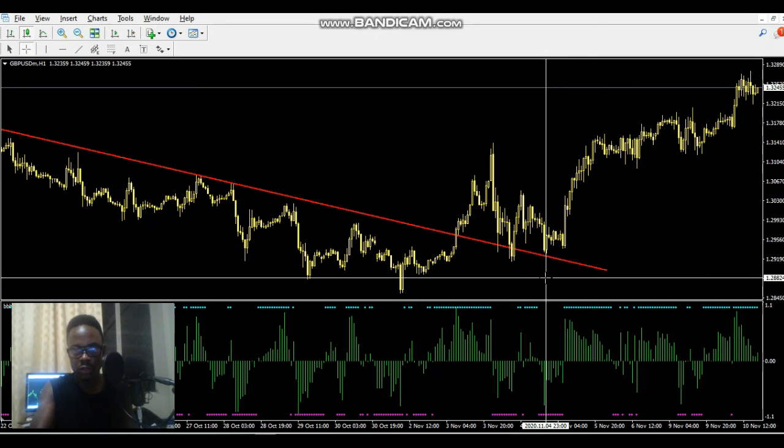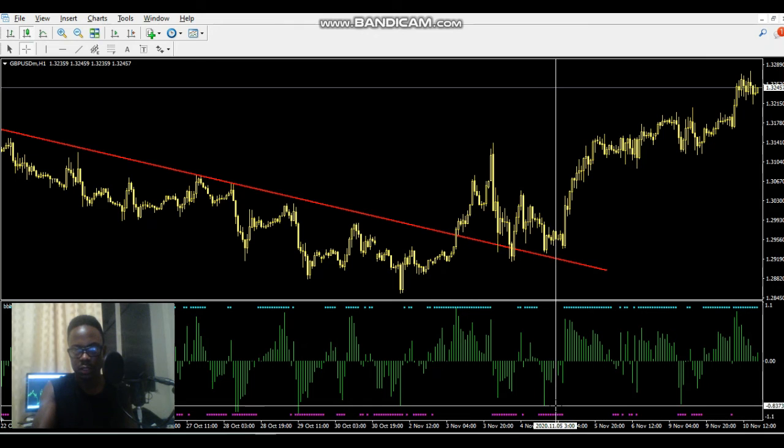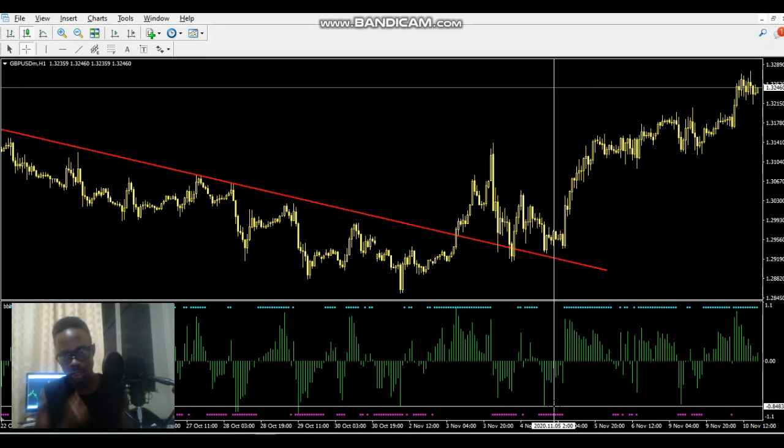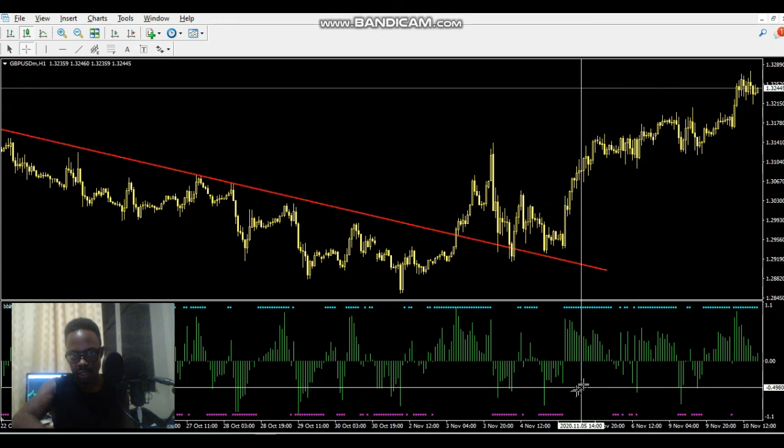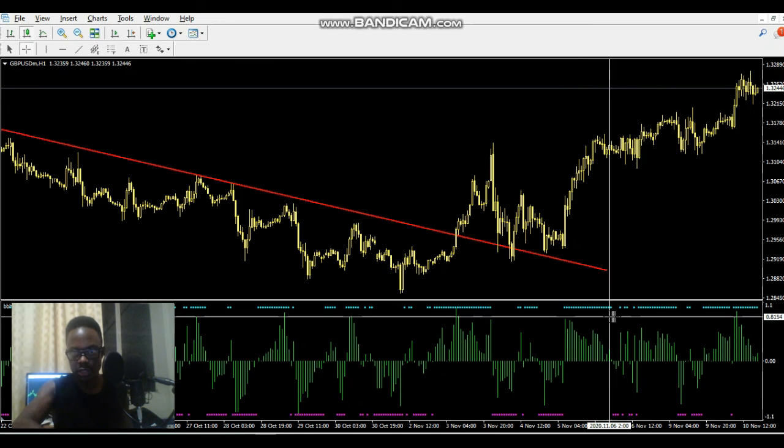It actually works just fine. As you can see here, this is where we go in. 0.80 to 0.90, those are confirmation areas. The first confirmation area would be 0.80, and the last one would be 0.90. That's the final confirmation that the market will eventually reverse. So yeah, this is how the system works.